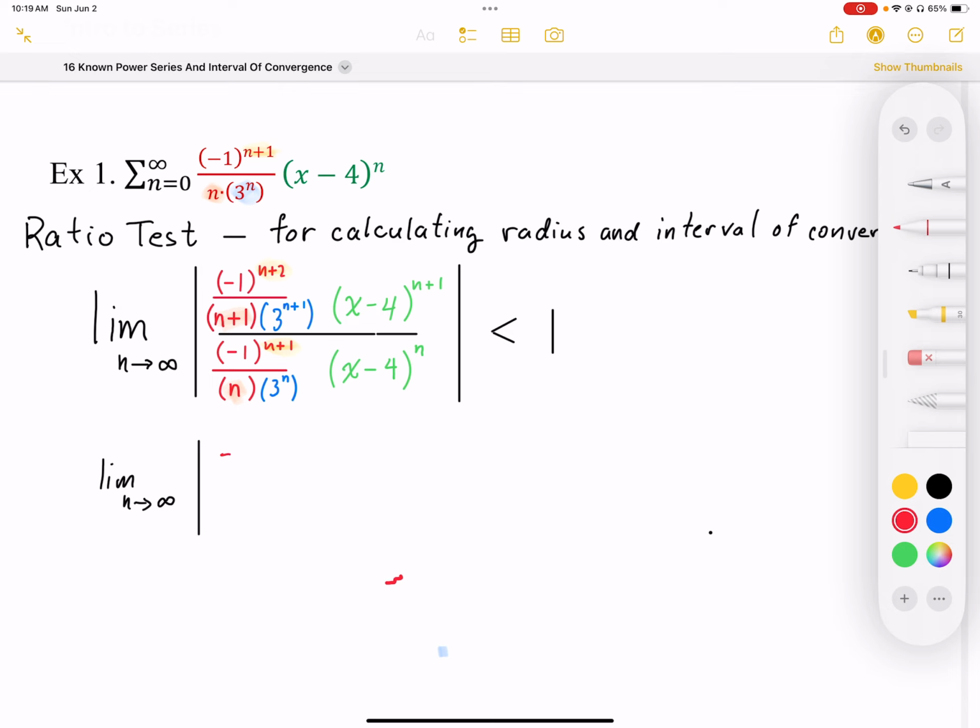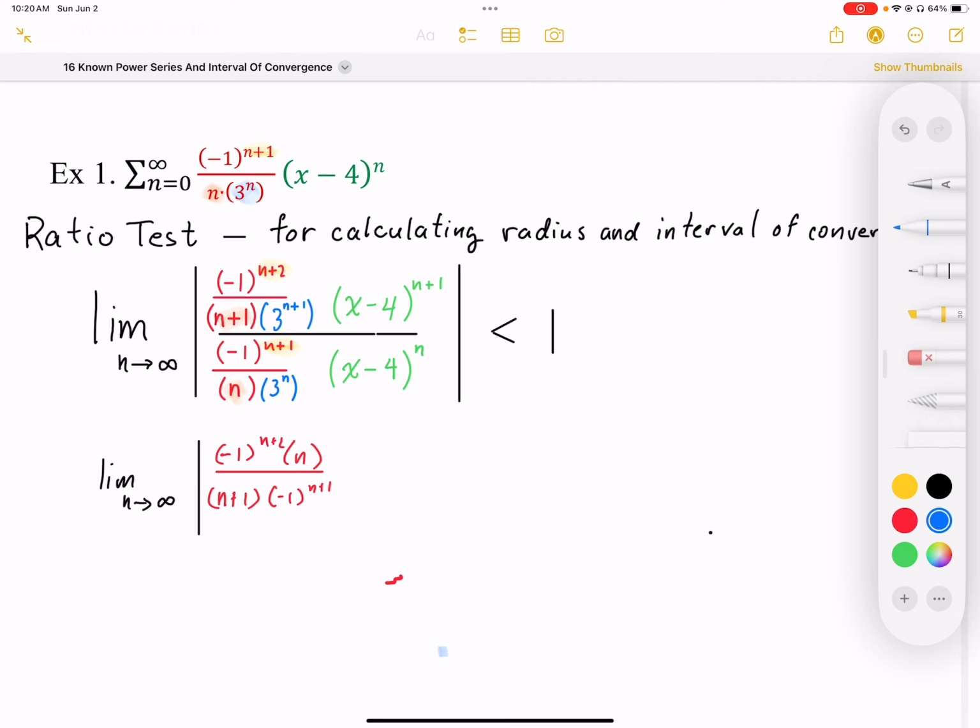So I'm going to write this as negative 1 to the n plus 2 over n plus 1. In the denominator, I'm going to have negative 1 to the power n plus 1. And then the n goes in the numerator.